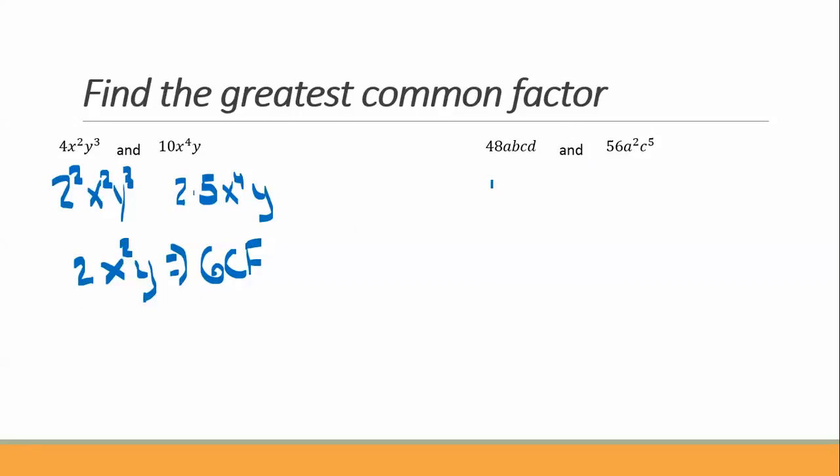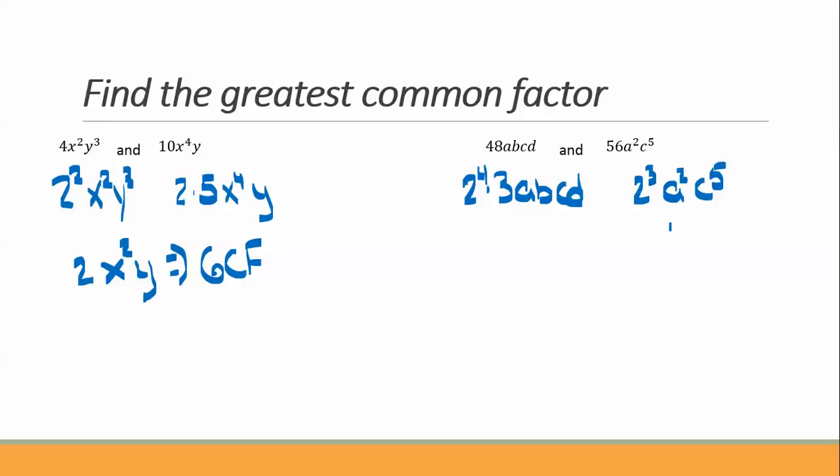Let's look at 48abcd and 56a squared c to the fifth. So our prime factorization was 2 to the fourth times 3 for 48, and we have a, b, c, d. And our prime factorization for 56 was 2 to the third times 7, a squared c to the fifth.